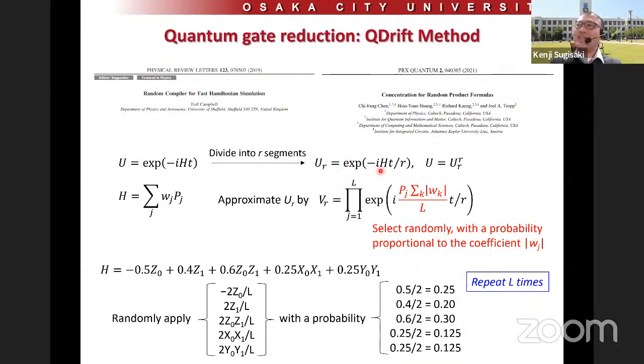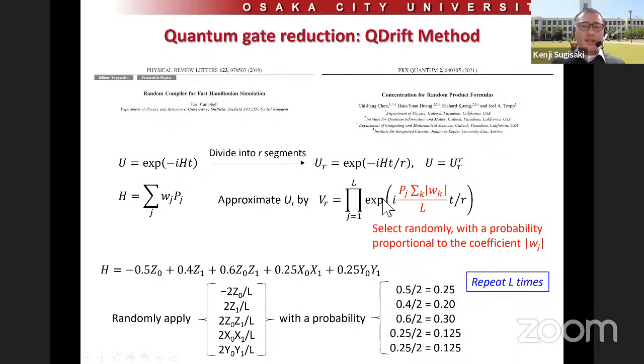Let's say the Hamiltonian includes millions of terms, but we can approximate the time evolution operator of the Hamiltonian by using L equal to, let's say, 10,000 or something. In that case, the number of operators becomes about 100 times smaller than the evolution operator using the original Hamiltonian.